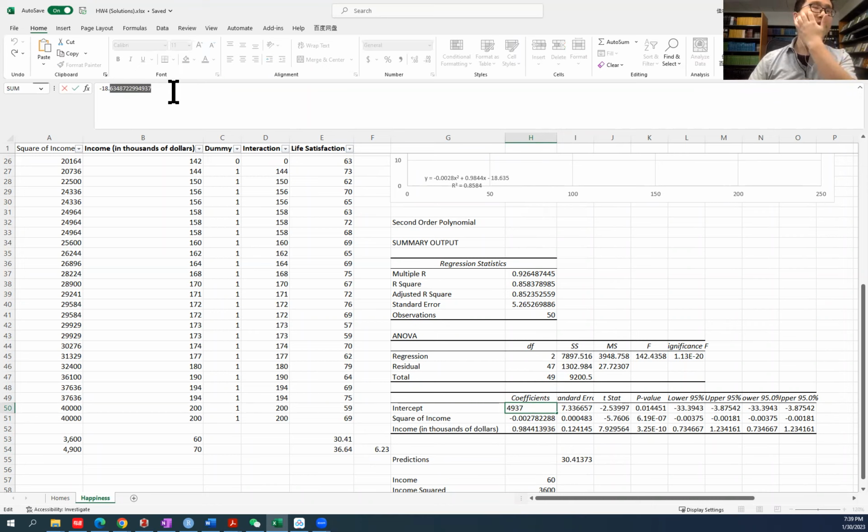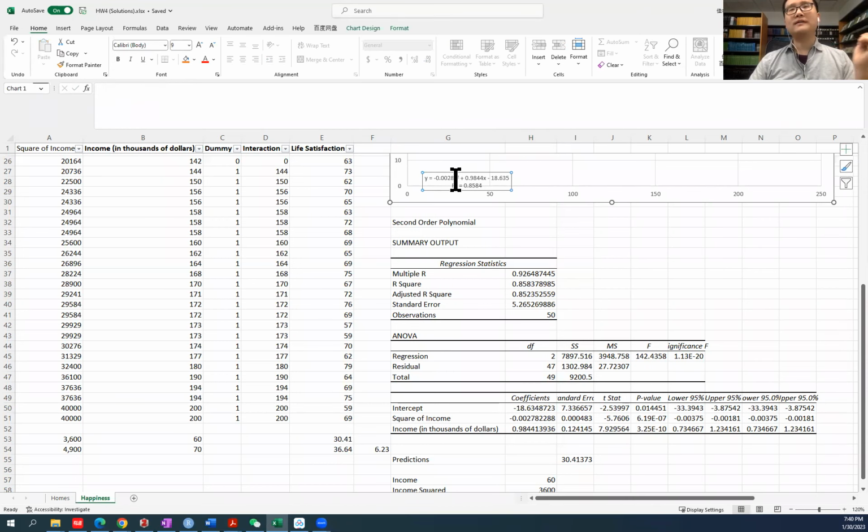By default, most computers are capable of calculating precision to 16 digits, and this also gives 16 digits here. The slightly different result was because of rounding error when you omit certain digits. It was not because we squared the income or not. We always need to square the income to get a polynomial regression.